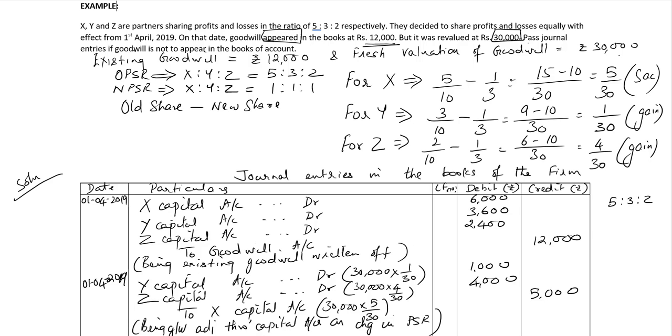So this is the way the sum needs to be done when there is existing goodwill in the books, which we will know by the phrase that goodwill appeared in the books at rupees 12,000. In this example, we learned how to pass the journal entries if goodwill is not to appear in the books of accounts.